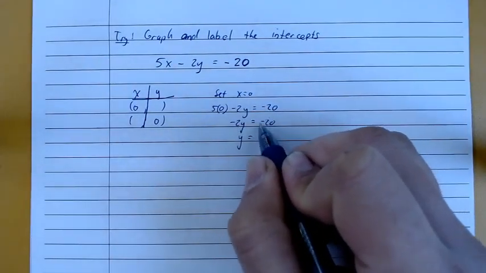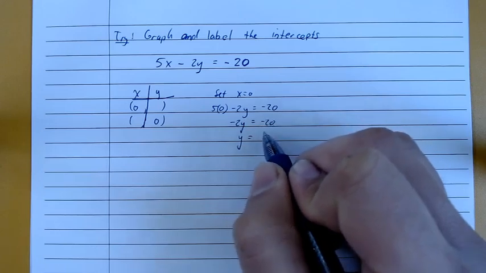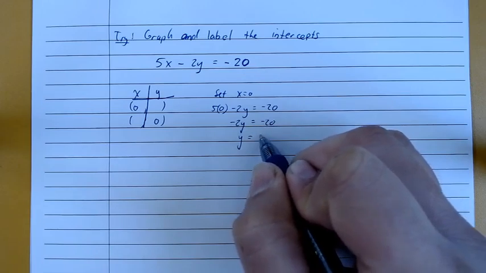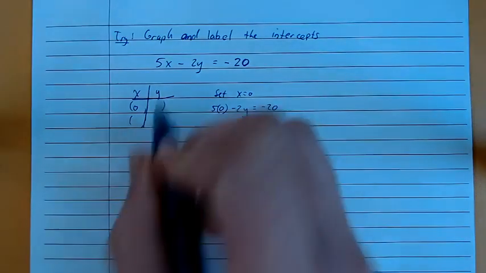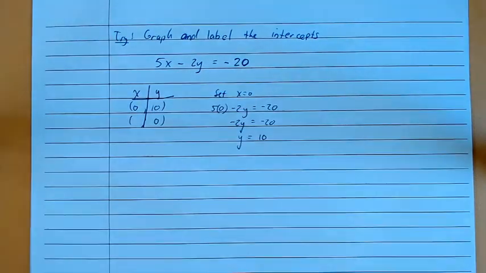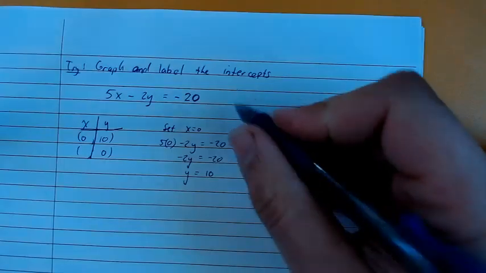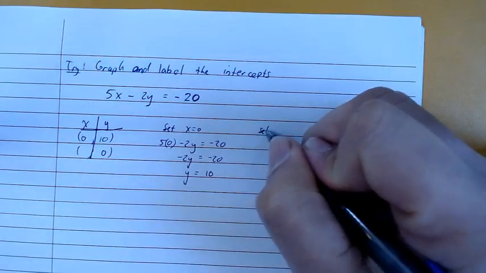If I divide negative 20 by negative 2, a negative divided by a negative gives me a positive. 20 divided by 2 must be 10. So there we go. There's my point, 0 comma 10. And this is my y-intercept.